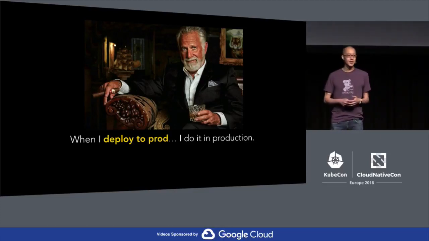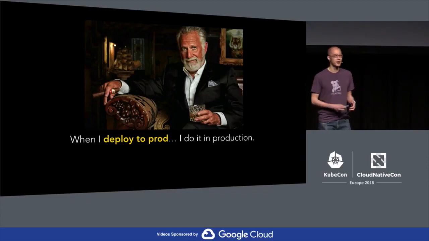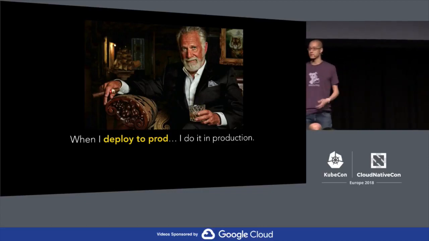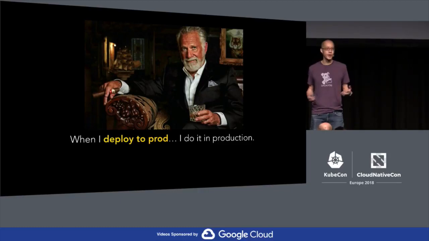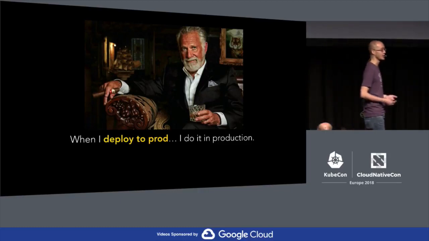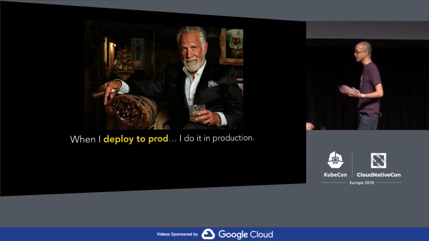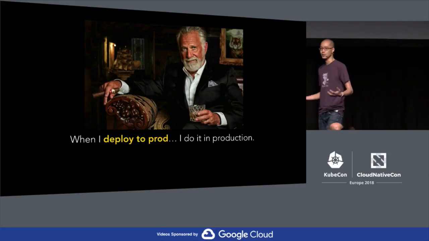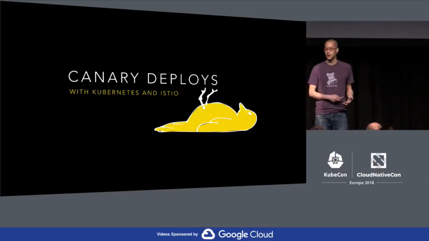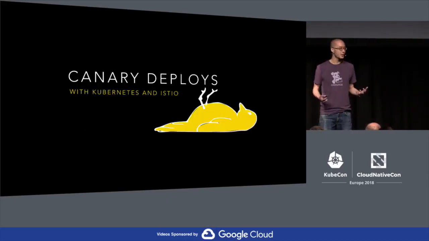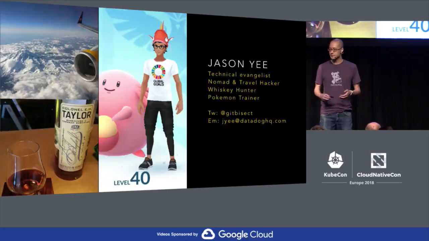As much as we would like to match our staging environments, our development environments, whatever we have to production, at the end of the day, you can only do so many dry runs and things just get missed. So when you deploy to production, it obviously happens in real life, and there's no way to get around that. So I think that's why most of us are here, and we want to talk about Canary deploys.